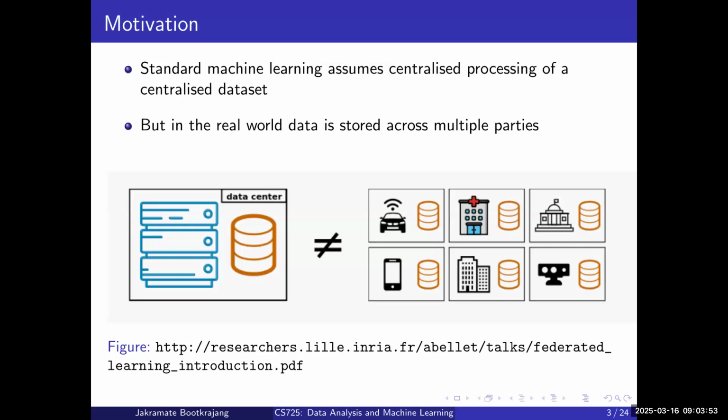And if you have maybe 10 million people, it's going to be almost impossible to upload all of them in just one place. So how can we still perform a machine learning algorithm, but the data is spread across multiple devices? Can we actually learn something remotely, right? That is our challenge.